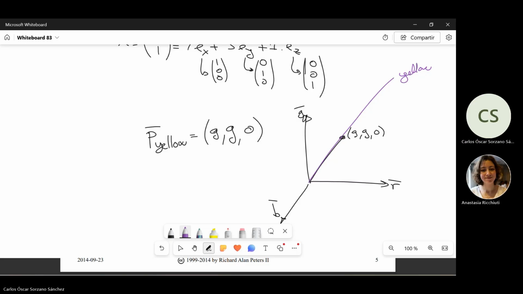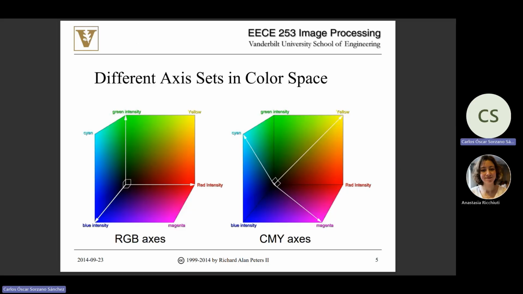No? Okay, so my yellow axis is this one. It is the one for which the red and green intensities are exactly the same. And the same applies to magenta and to cyan. So magenta will be red and blue, and cyan will be green and blue.